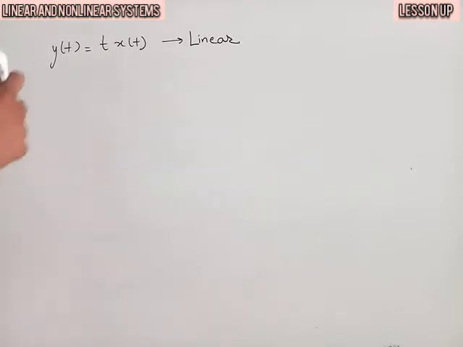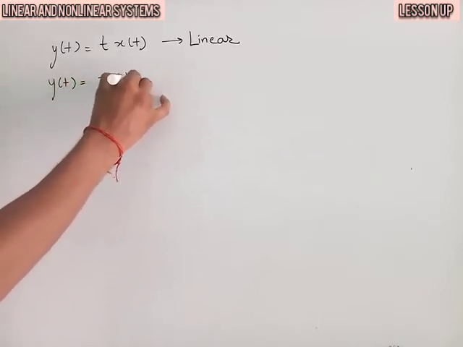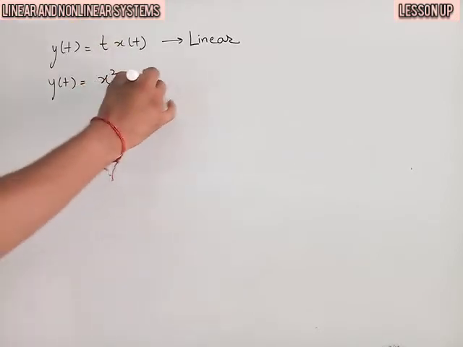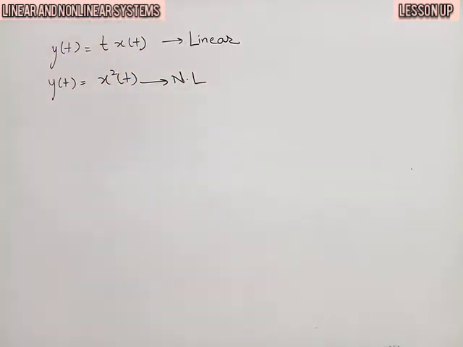Second, y of t is equal to x of t square. This is non-linear, okay, because multiplication of two functions is always non-linear.